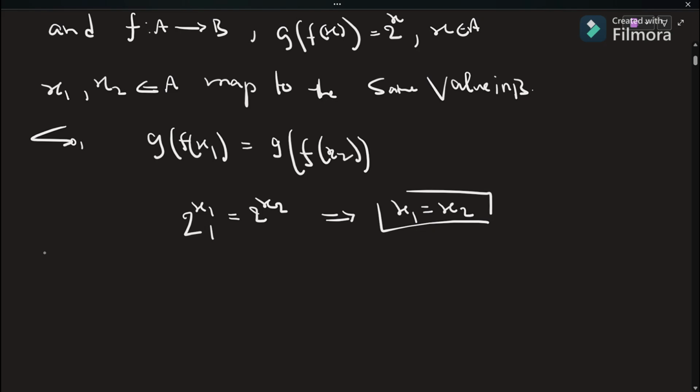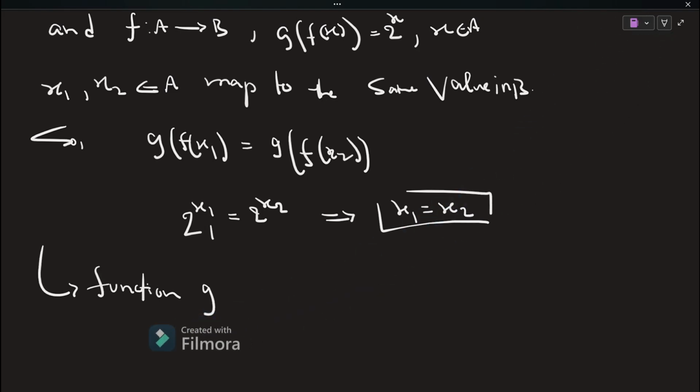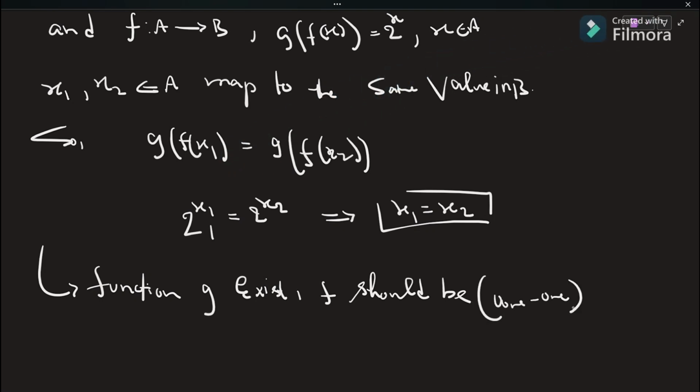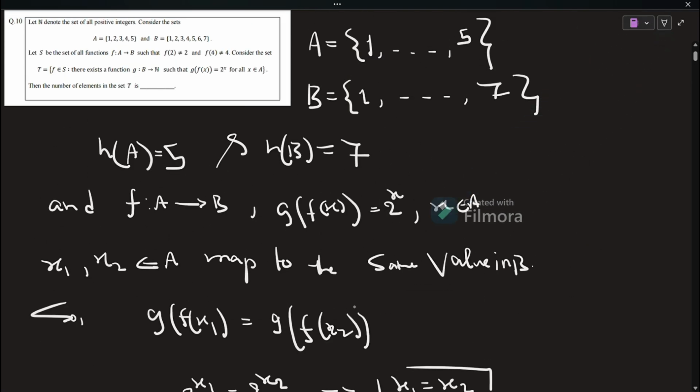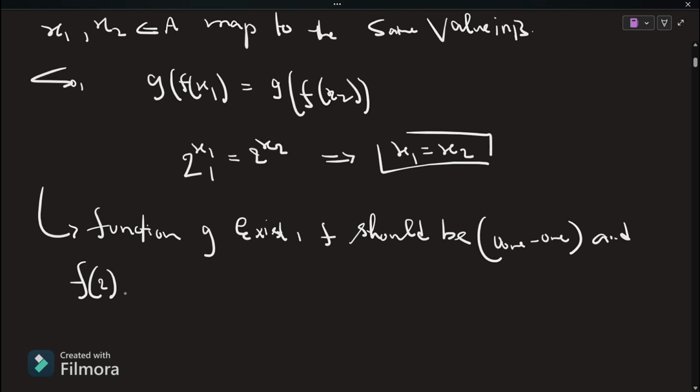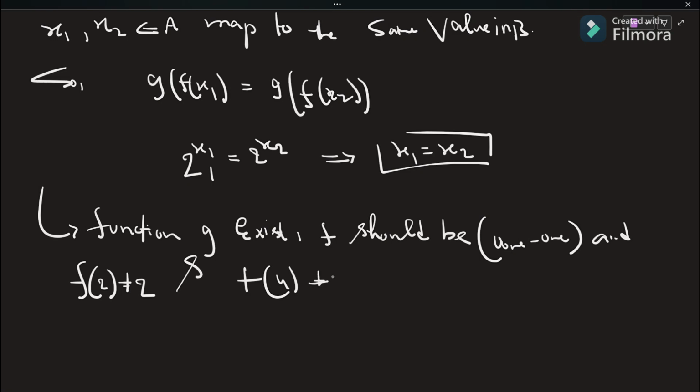So for function g to exist, the function f should be 1-1. And also in this question we can see function f is from A to B, and f of 2 not equals to 2, and f of 4 is not equals to 4.